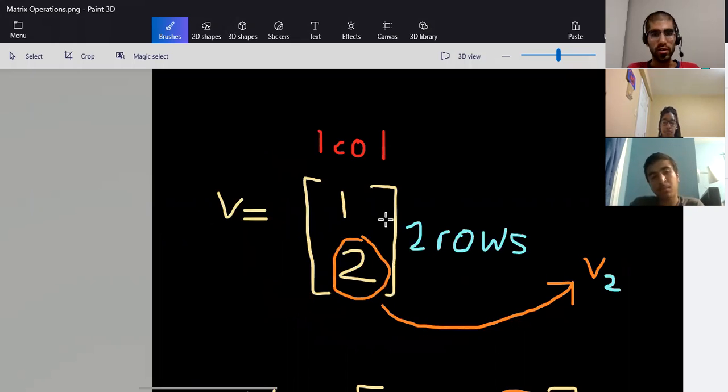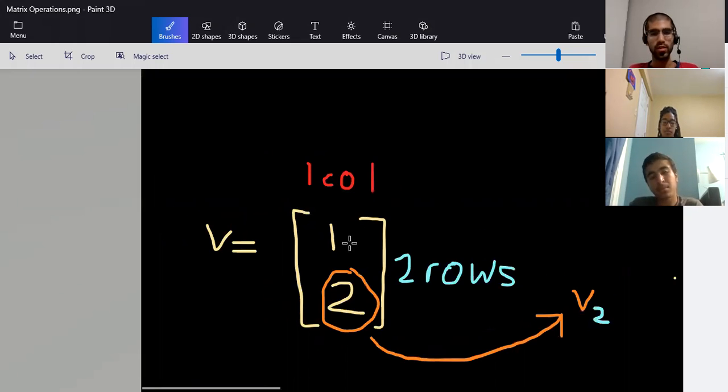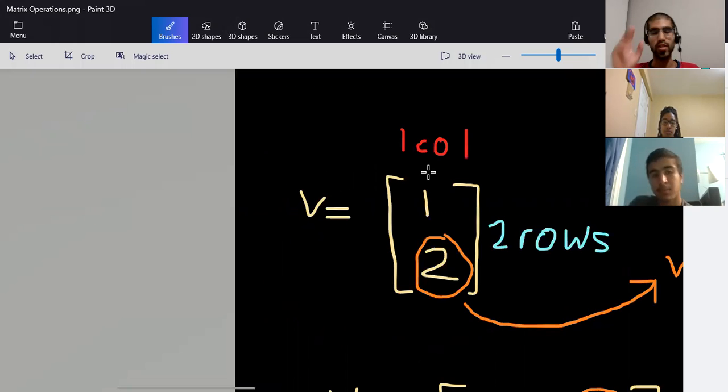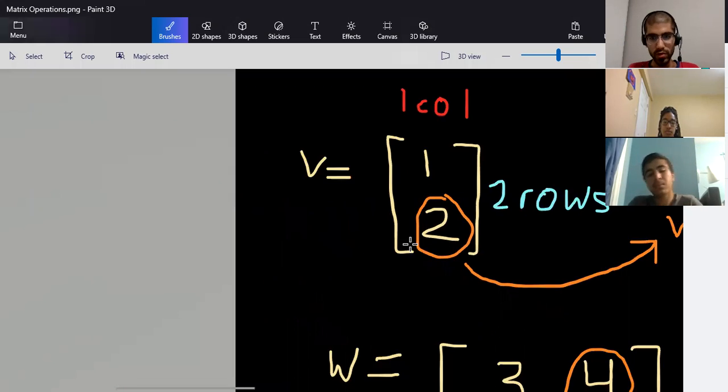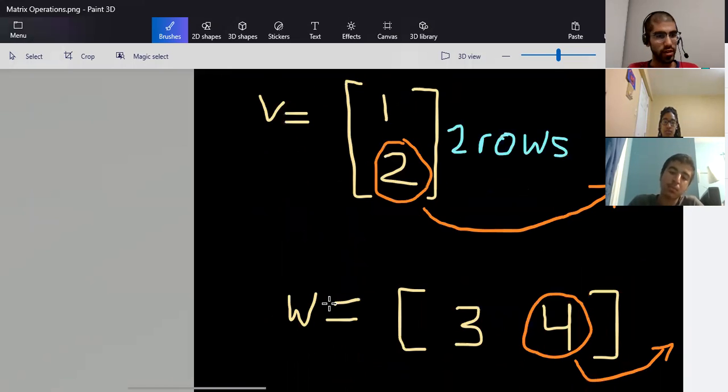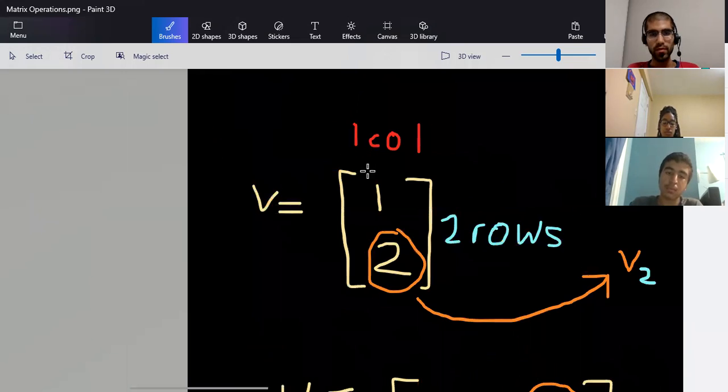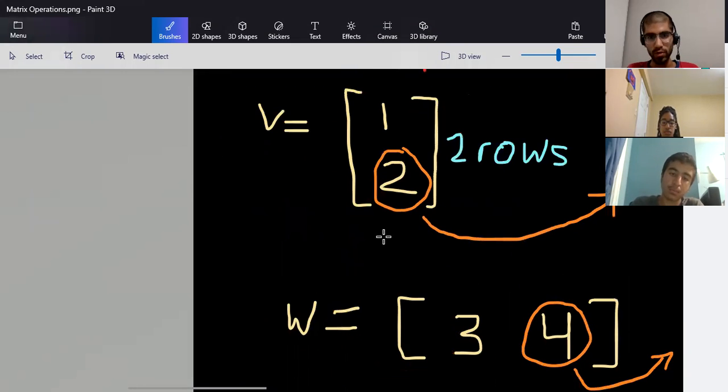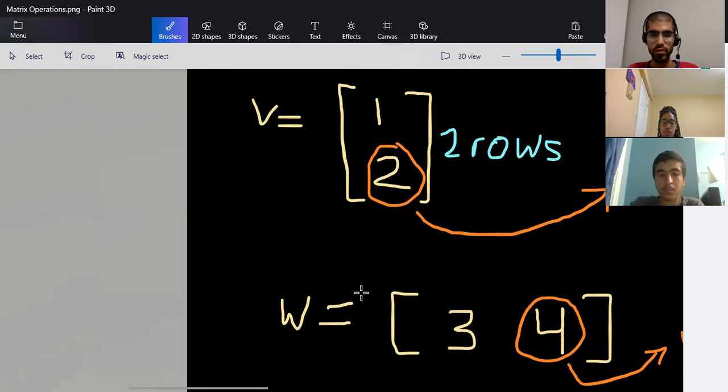Again, either the rows or the columns can have dimension 1. So over here, we see another vector. This time I called it W. Here, there isn't just one column, there are two, but there's just one row. So it's still a vector. Sound good?